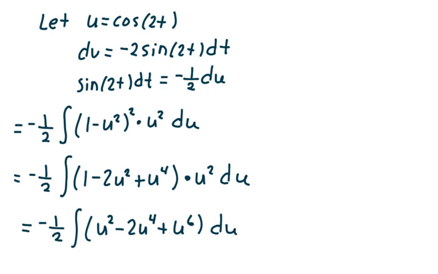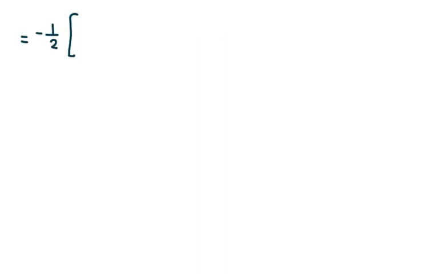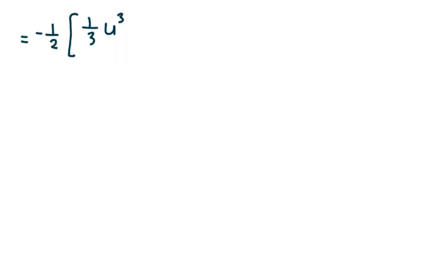I hope that's okay. Now we need to pay attention to what our u is. That's up here. Now, from here, this is negative 1/2 of. Now, I integrate. So I get 1/3 u cubed, right? And then from here, I get minus 2/5 u to the fifth.